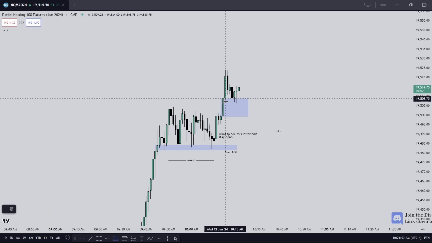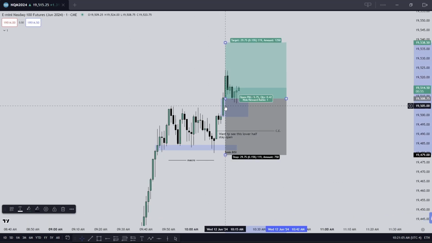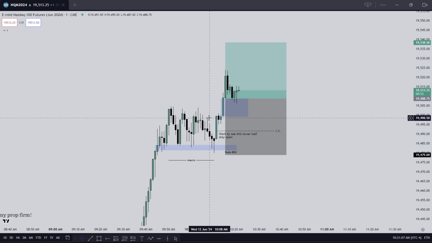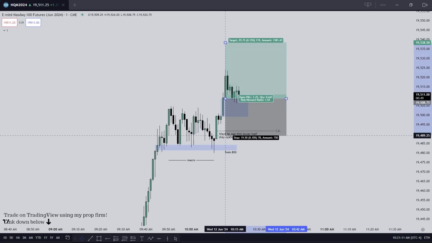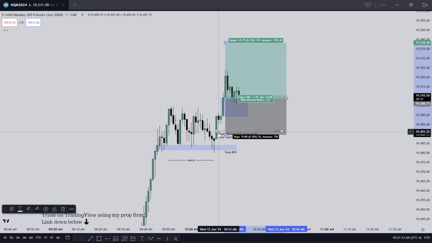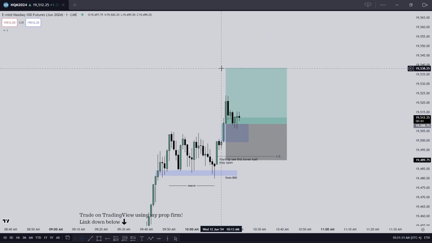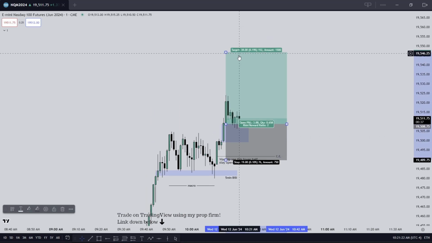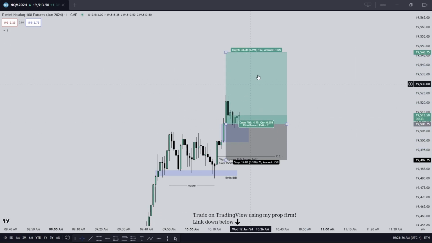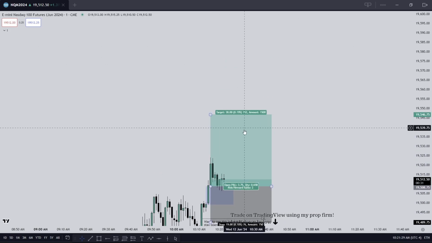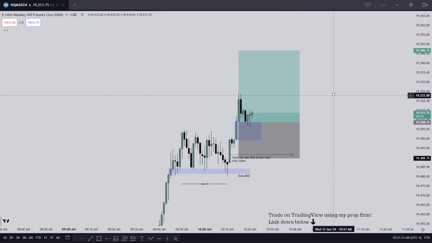But hypothetically, if I went long in this fair value gap, expecting the lower half of this breakaway gap to stay open, so my stop would be below consequent encroachment, I would either go for a quick 2-to-1 scalp because we're at all-time highs, just a quick get in, get out. If it runs 100 something handles without you, who cares?